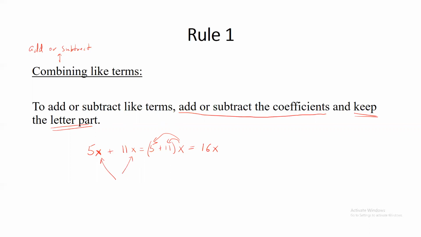While the distributive property in reverse helps you understand why the rule works, what you really should focus on is how to apply the rule: add the coefficients, keep the variable, keep the x. Let's go through a few examples.